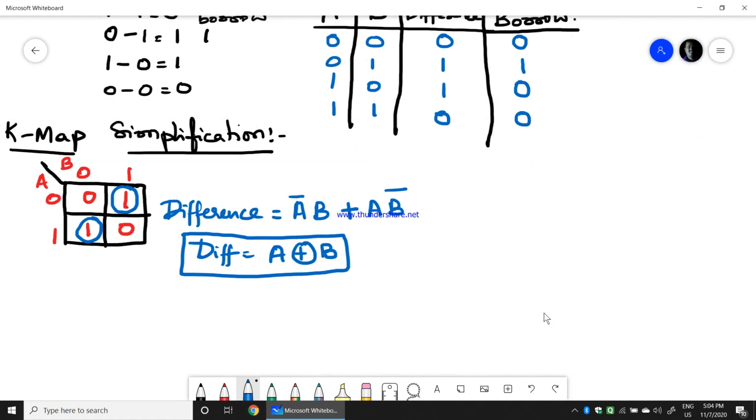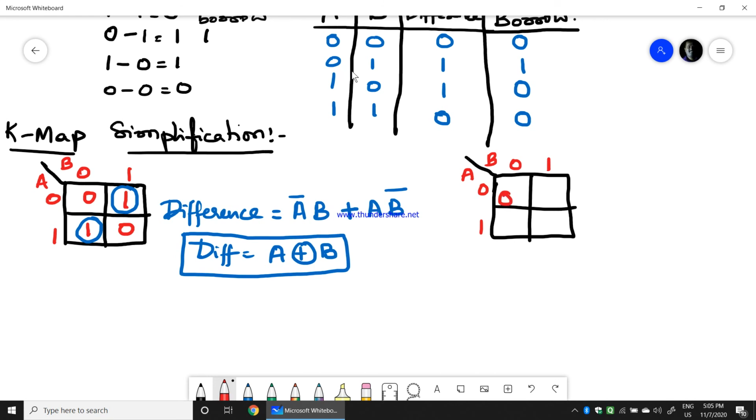Coming to borrow, let me write the K-map for borrow here. For 0 0 it is 0, for 0 1 it is 1, for 1 0 it is 0, for 1 1 it is 0.